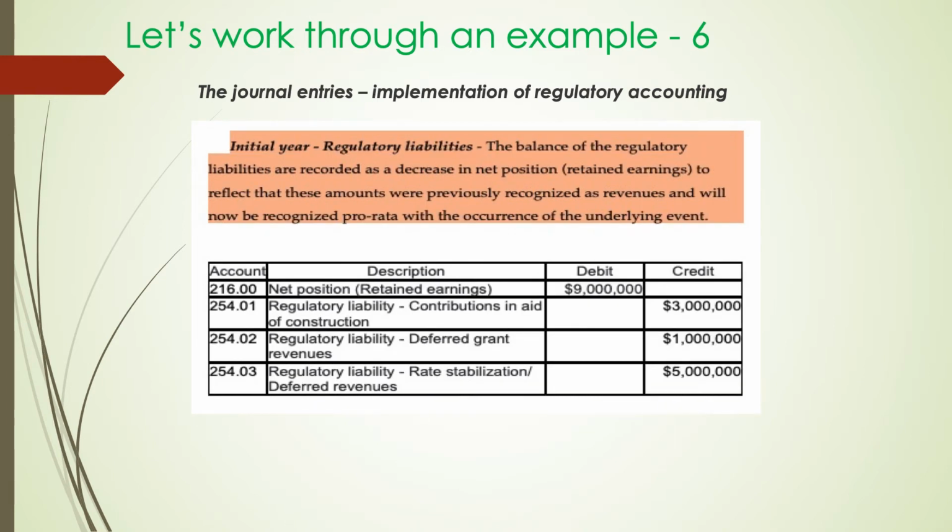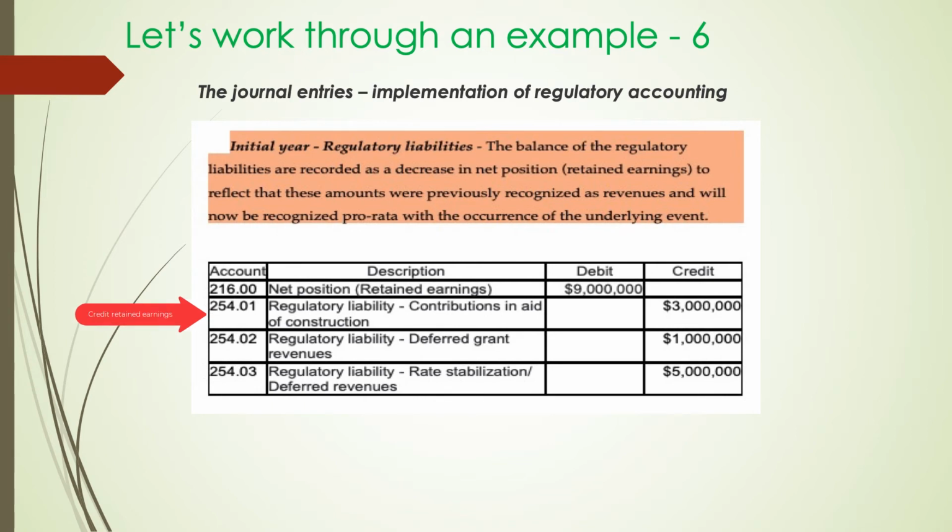We go through a similar exercise on the regulatory liability side. We set up three separate regulatory liability accounts, one for contributions in aid of construction, another for deferred grant revenues, and a final for rate stabilization / deferred revenues. We use account 254, which is the account number under the FERC Uniform System of Accounts, used for deferring revenues to recognition in future periods.